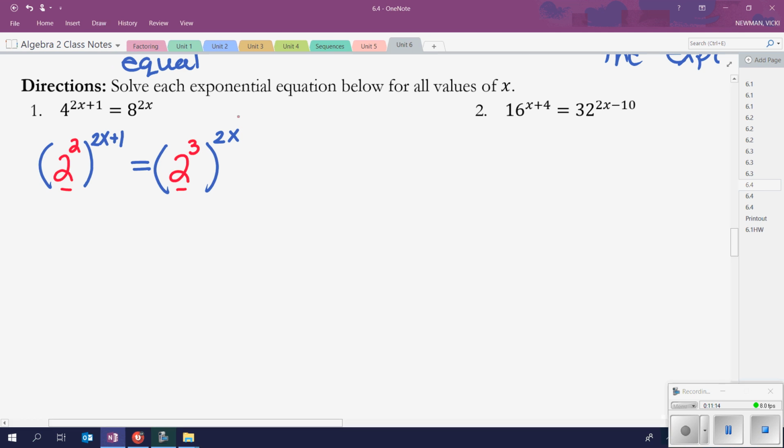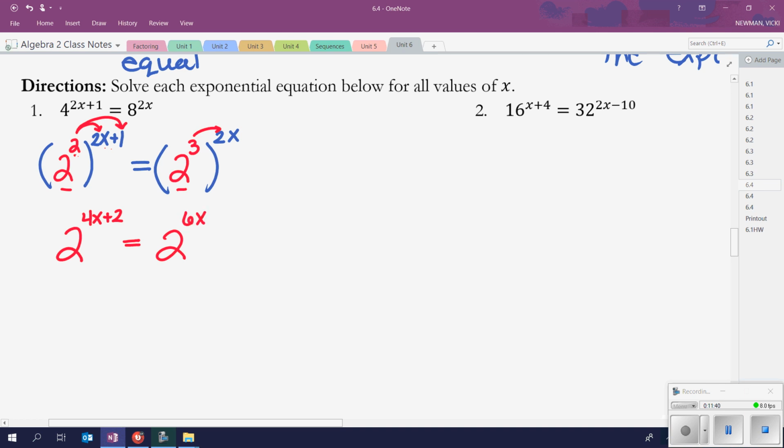Now, what do we do with the exponents? We have a power to another power, so we're going to multiply those exponents. So we have 2 raised to the 2x times 2, which is 4x, plus 2, equals base 2 of 3 times 2x would be 6x.